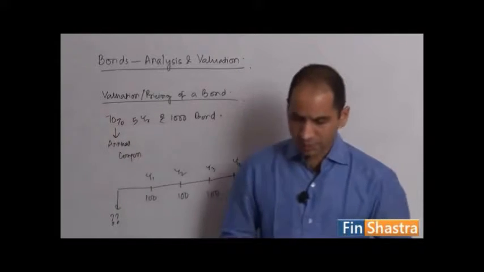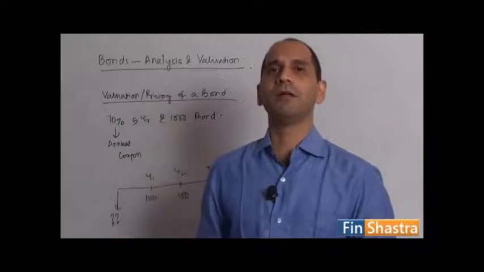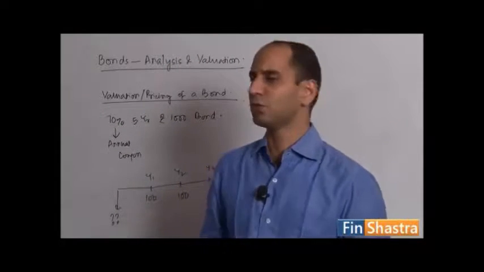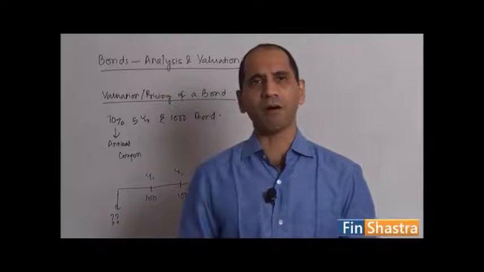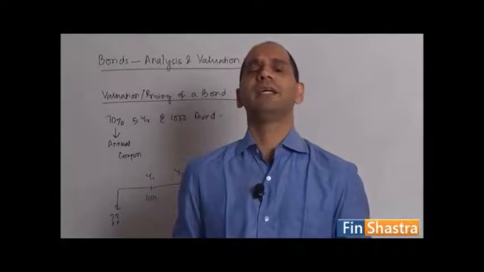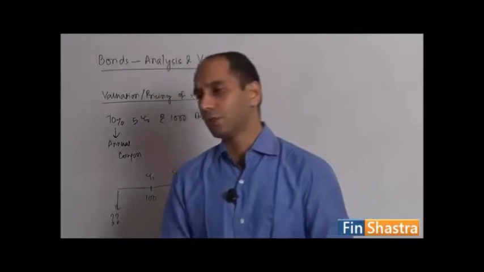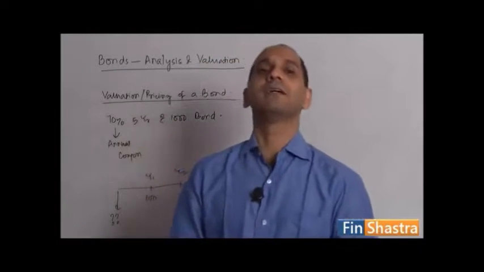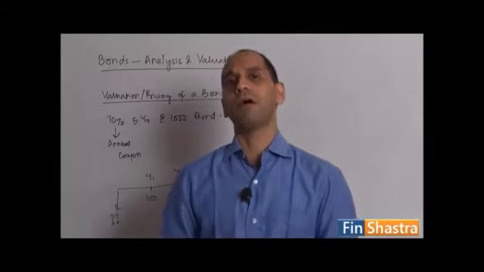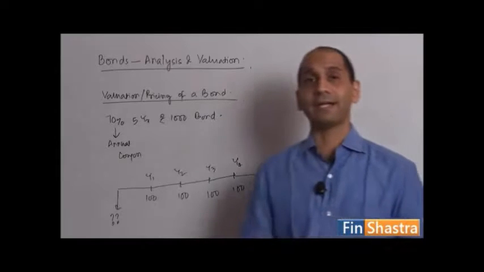In other words, let's say you are absolutely comfortable getting an 8% return. So you think it's a high quality bond, and even if you were to get a return of anything like 8%, you would be more than happy to invest into this bond. So if 8% is the return that you are seeking from this bond, you ought to discount the cash flows of this bond at 8%.